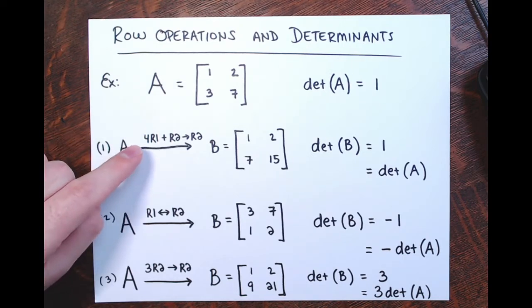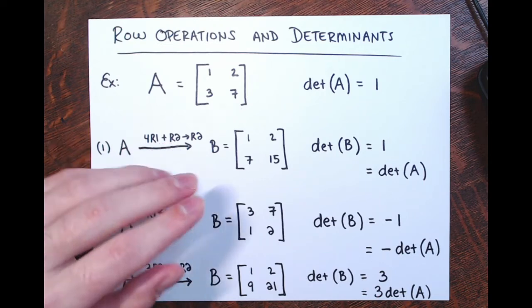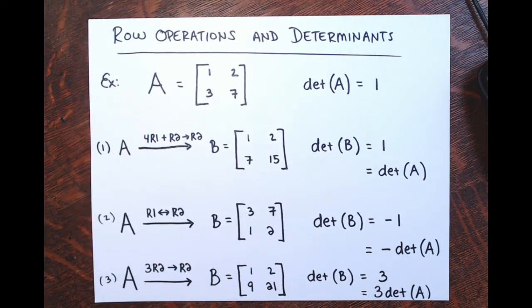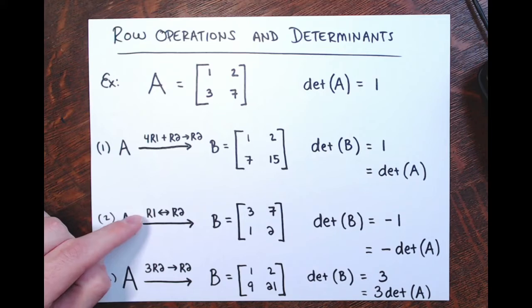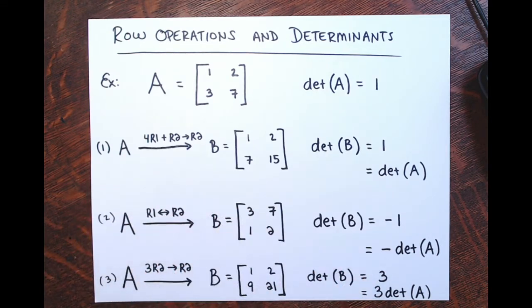If I add a multiple of one row to another row, the determinant will not change. If you switch two rows, you get the opposite determinant. And if you simply multiply one row by a number, you multiply the determinant of the original matrix by that number as well. The new determinant will be that number times the old determinant.